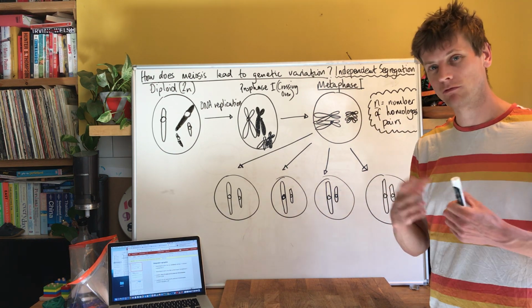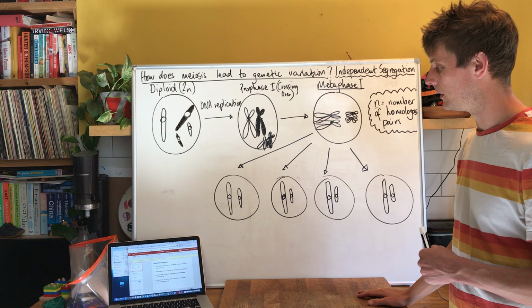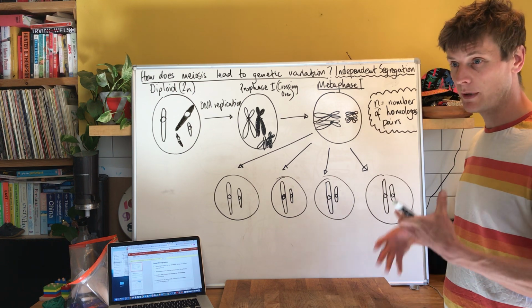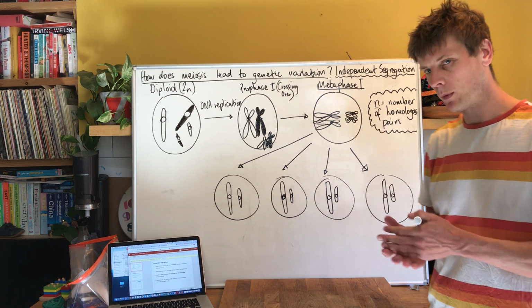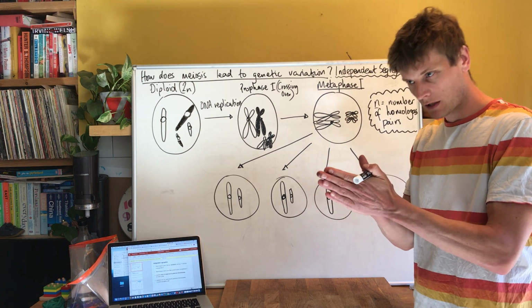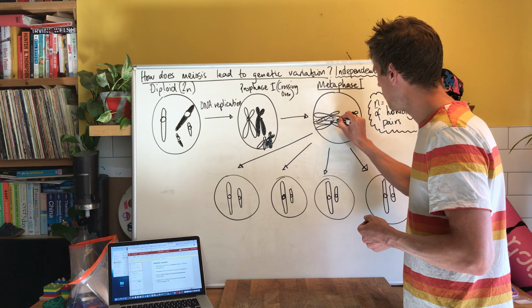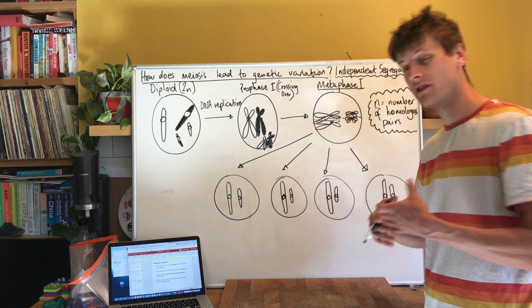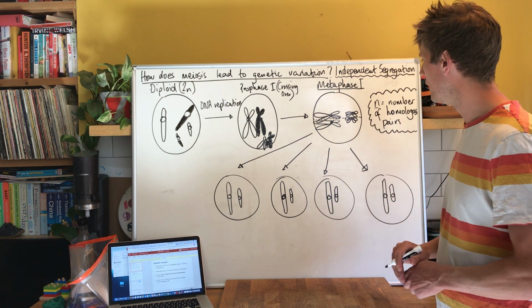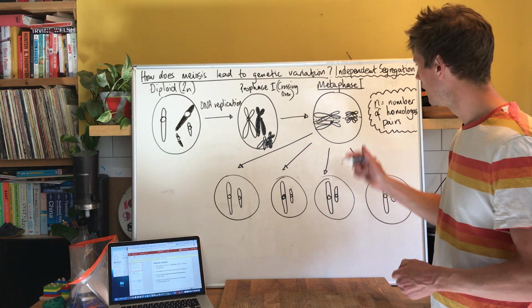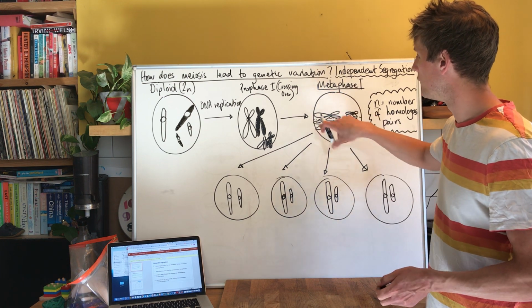And metaphase, you will remember from mitosis, is the period of cell division when the chromosomes line up across the equator, or across the middle of the cell. So think of metaphase for middle.